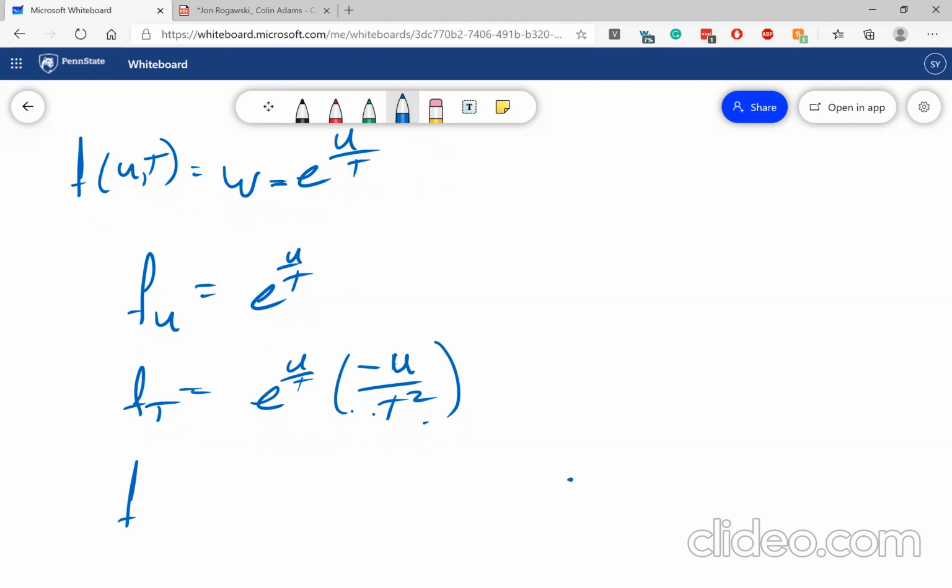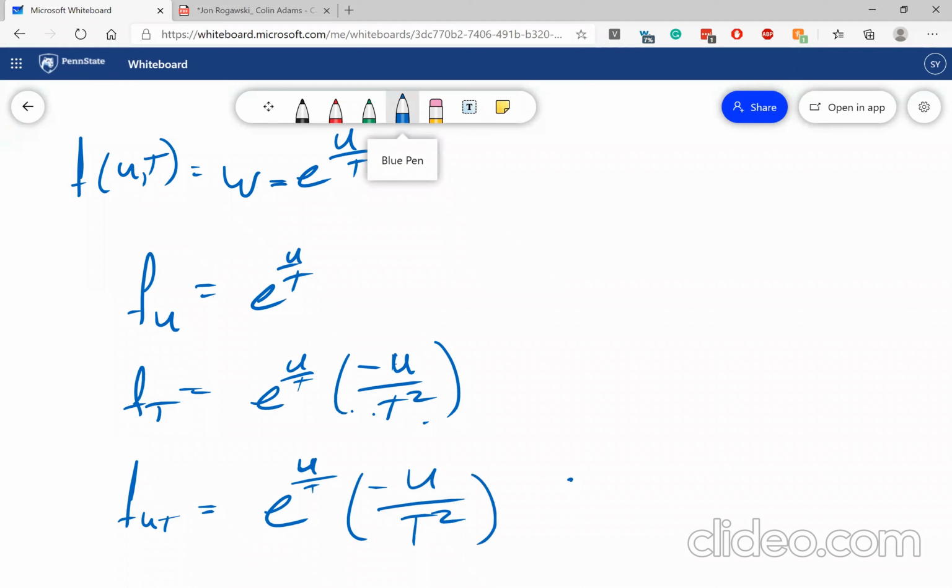Then partial of ut is going to be e to the u over t times, again, -u over t squared.